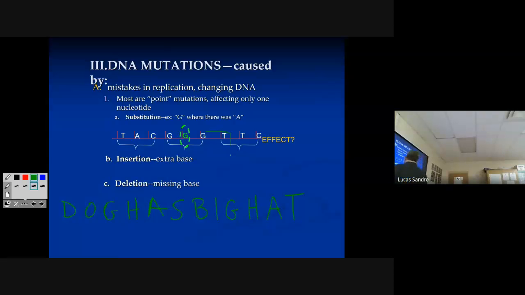That's nice. You figured out right away that I was doing a 3-letter reading frame, right? That makes sense? That's pretty much what your cells are locked into, that 3-letter reading frame. So an insertion mutation, for example, if we keep that 3-letter reading frame, what's that say now? Dorgasbegat.